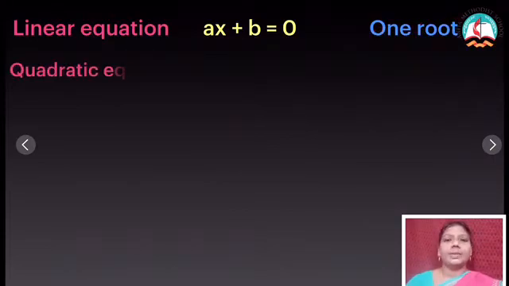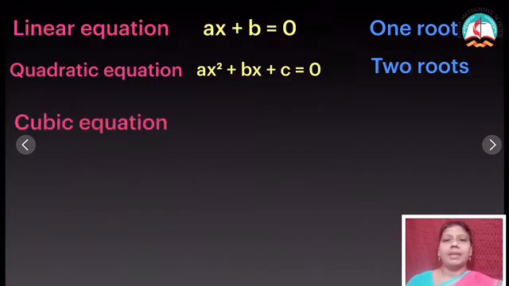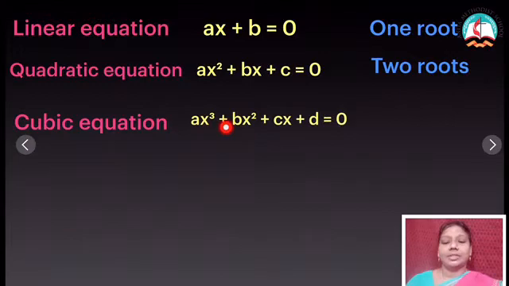Now quadratic equation means that it should have degree equal to 2. Okay, so that means how many roots can we get? We can get 2 roots. So if I have a cubic equation, then my equation will be in the form of power 3. Since the degree is 3, I can get 3 roots for this equation.